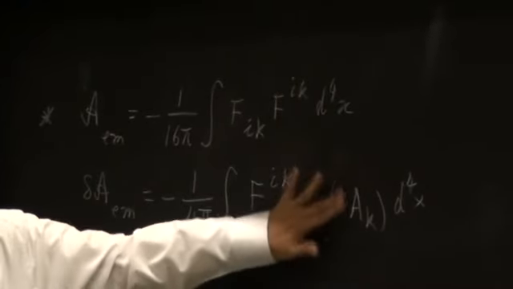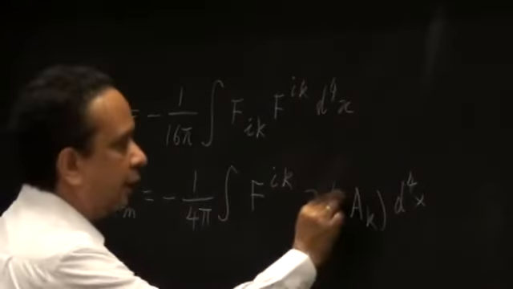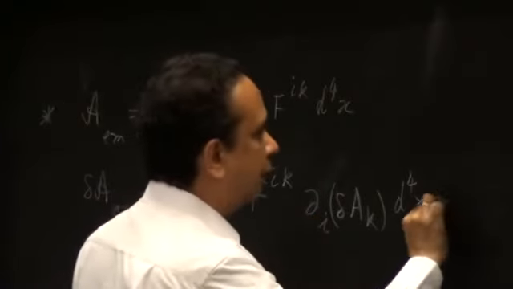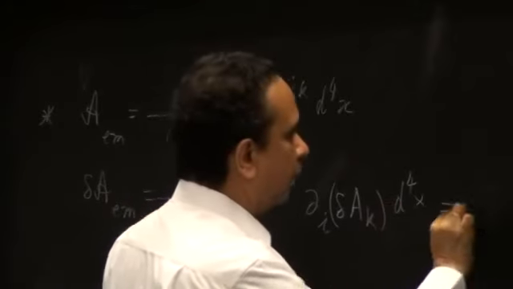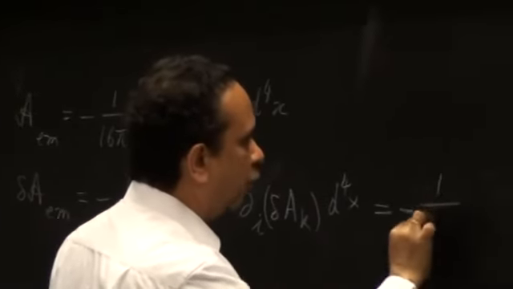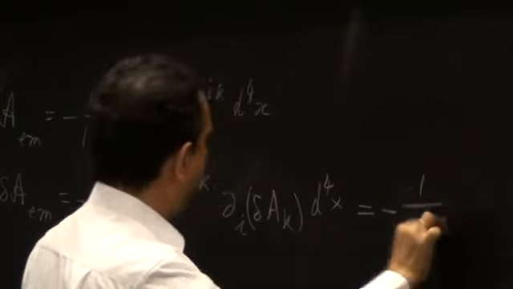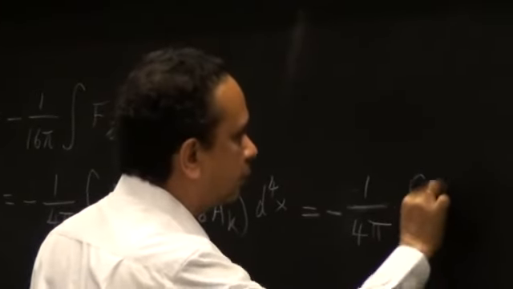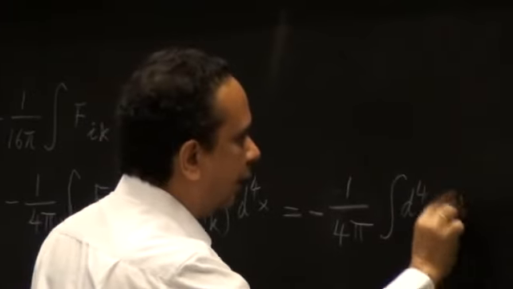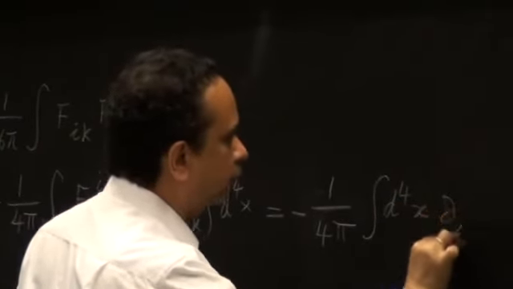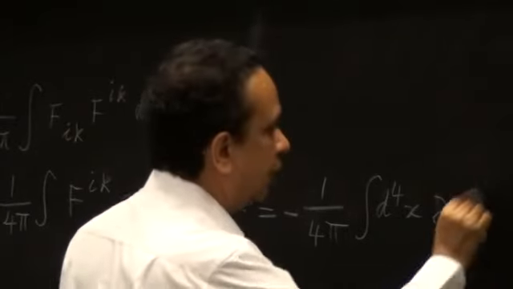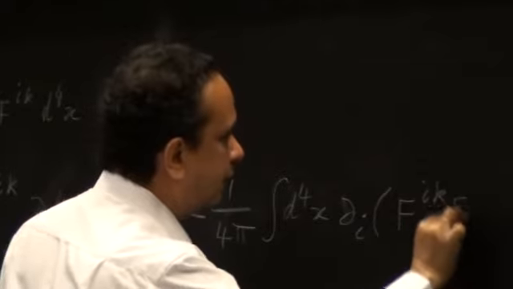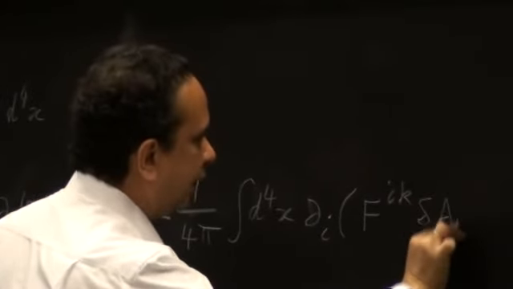Then this, of course, you will write as delta A_k, and you want to take out the total divergence term out of that. That is going to be minus 1/4 pi integral d4x d_i of F^ik delta A_k.